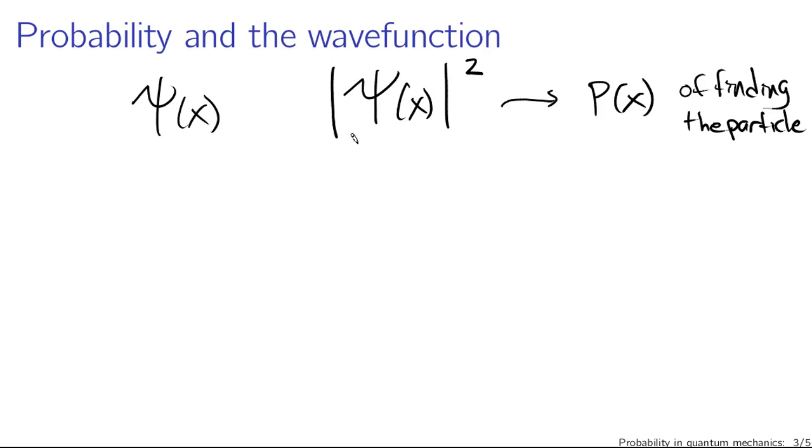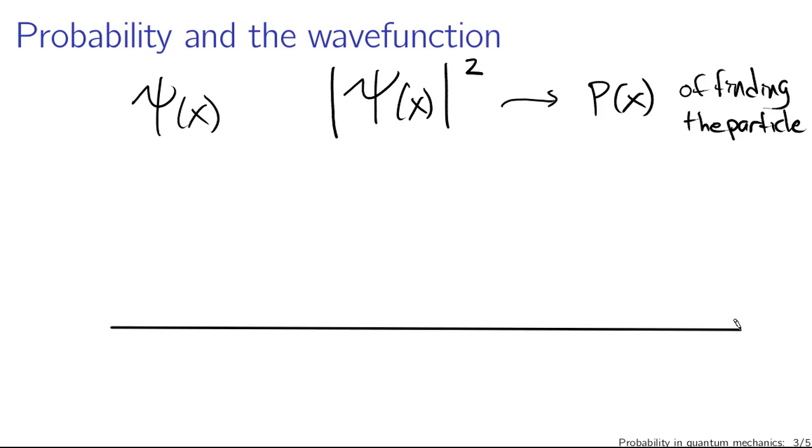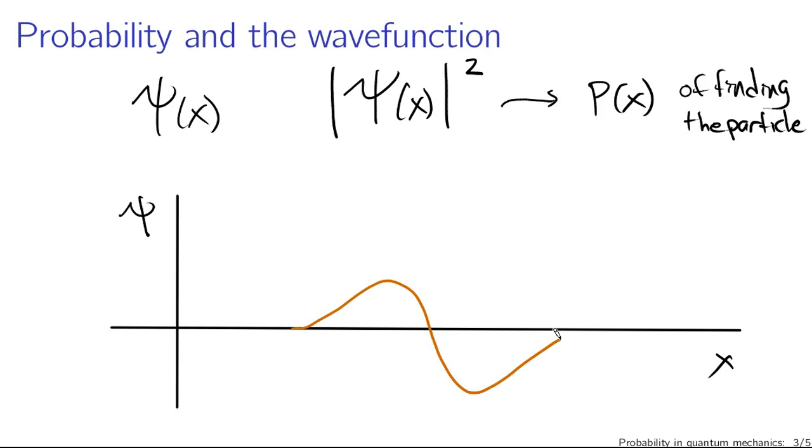Now the squared magnitude here means that we have to take the squared magnitude of psi. We can't just take psi itself. So for instance, in the context of the plot that I just made, if this is x and our y-axis here is psi, psi has real and imaginary parts. So the real part of psi might look something like this, and the imaginary part might look something like this.